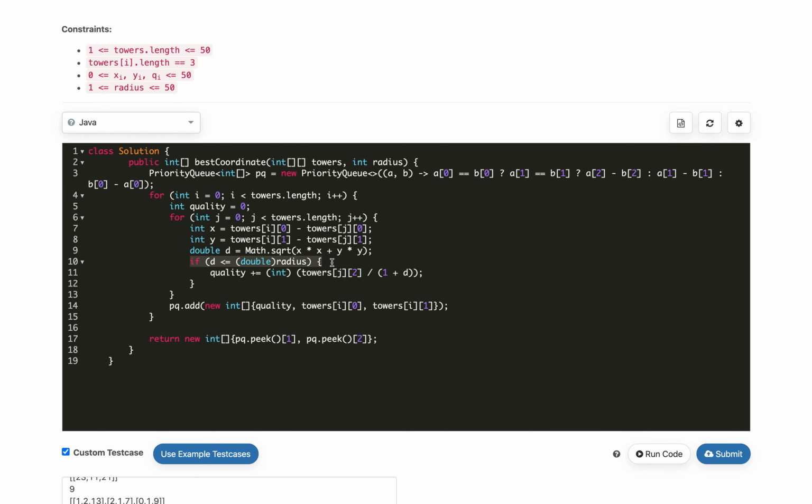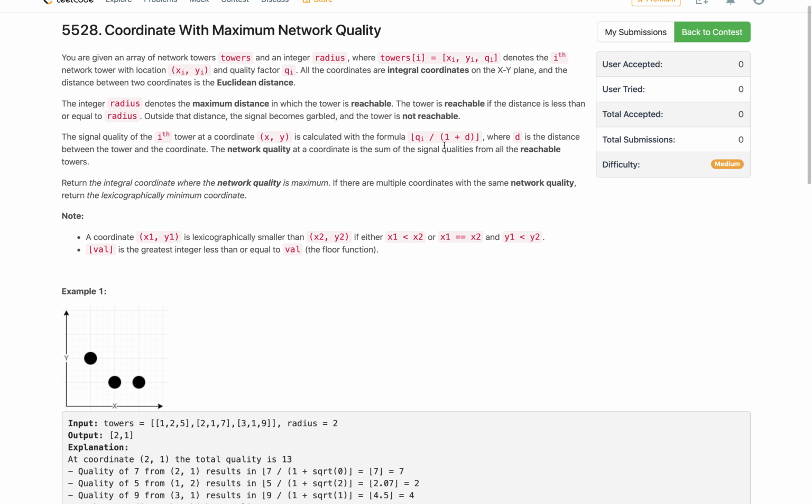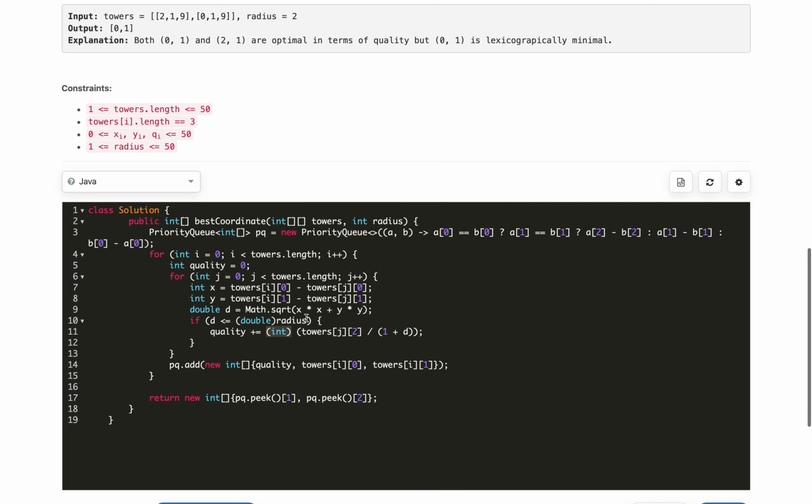Now we check whether the current tower j is reachable for the ith tower. If it is reachable, then only we add it to our quality factor, in the integral part of this formula, given over here as q divided by 1 plus d. That's it.